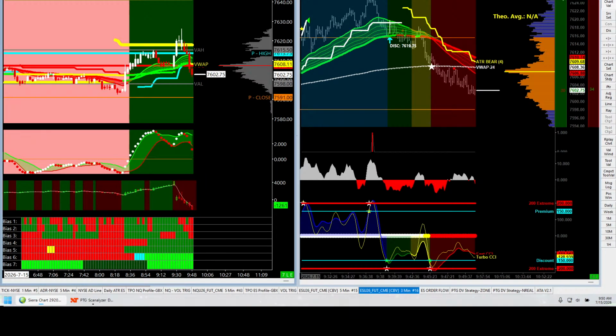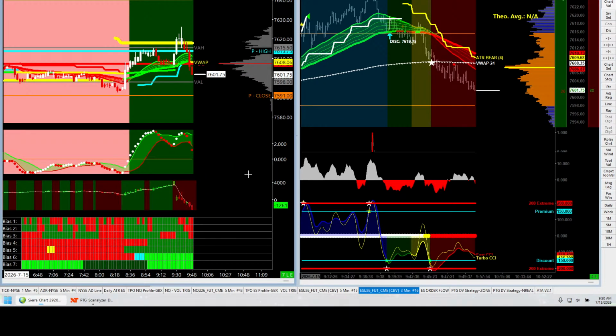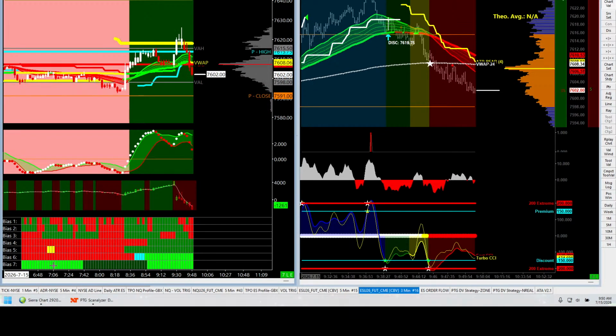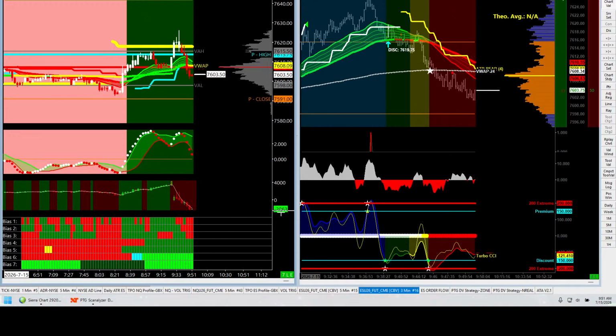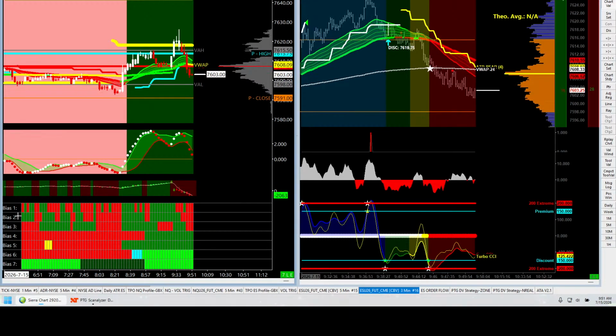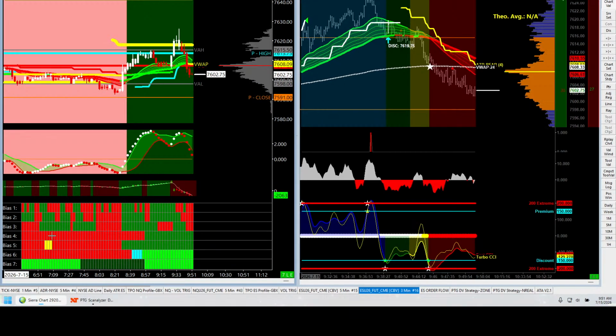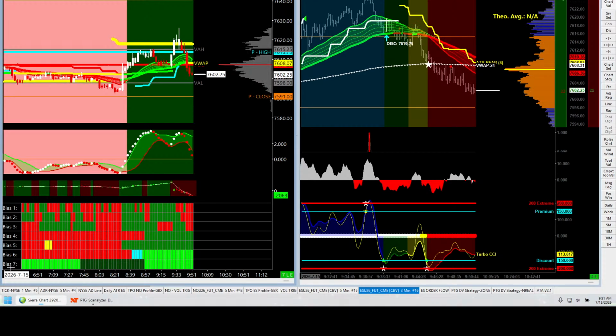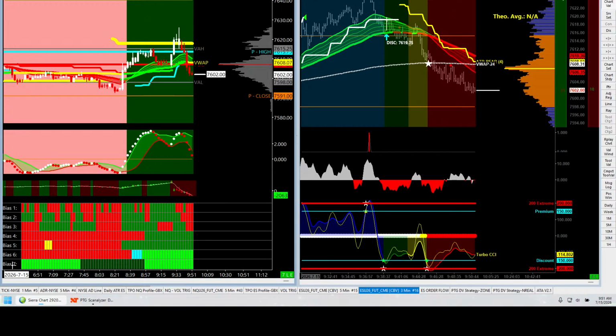Right, and what you see here at the bottom is a grid. Right, it's our bias grid. We also refer to this as the OTA loop grid. So we have 7 biases that we pay attention to, and instead of looking at 7 different charts and indicators and everything else, we created this grid.